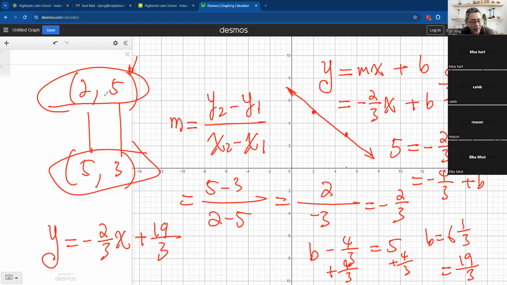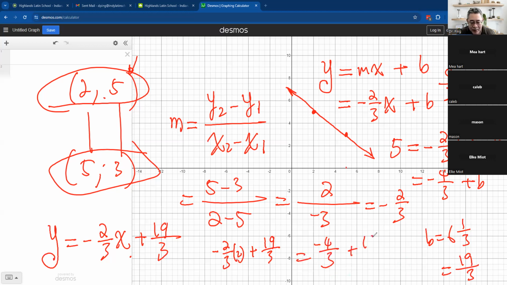Now, we can check and see if those 2 points are really on this line. When x equals 2, we got negative 2/3 times 2 plus 19/3. That will give us negative 4/3 plus 19/3, and that is 15/3, which is 5. That's good. So we confirm this one.